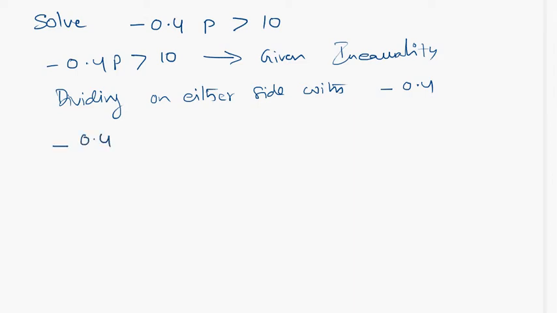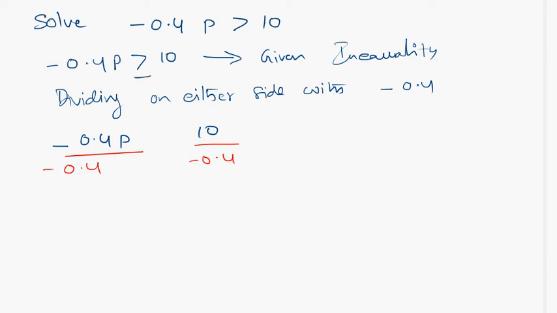Negative 0.4p being divided by negative 0.4. On the other side we have 10. Now dividing this with negative 0.4, the inequality would change direction.